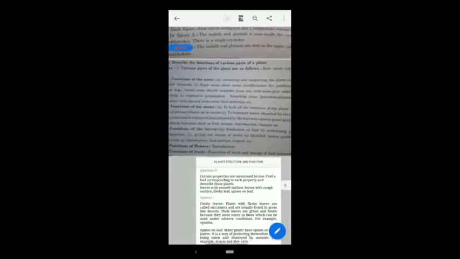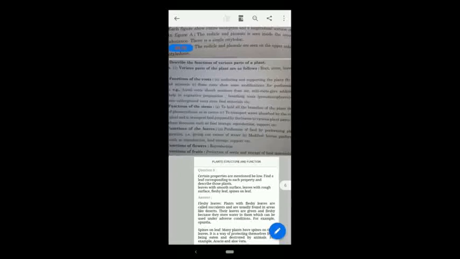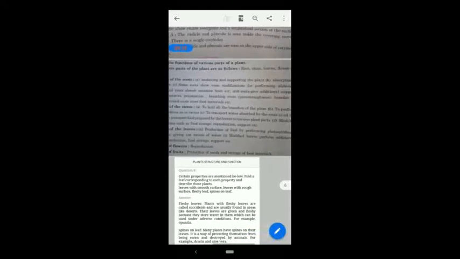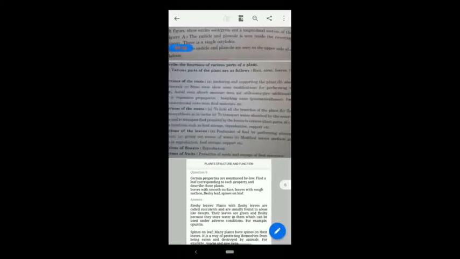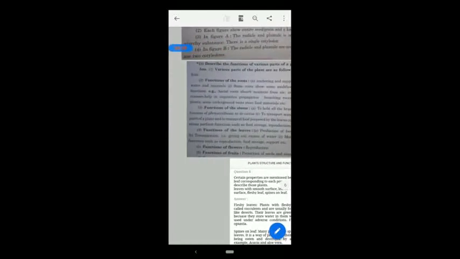Next part we have is the function of leaves. Now what's the function of leaves? To prepare food for the plant. This process is called photosynthesis, and it is done by the leaves. Transpiration, that is giving out excess water in the form of droplets, is also a process done by the leaves.